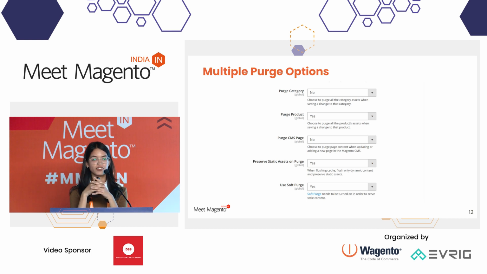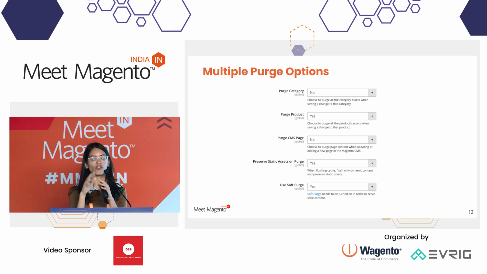With soft purge, we have multiple other purge options in Fastly, which we can manage from our admin itself. We all must have faced issues while working on Magento, where you have updated something in the category and it is not visible on the front end, and you have to purge the whole cache and come back to check, right? For such cases, Fastly provides individual purge options for multiple entities. Like you can see here, there are purge category, purge product, and purge CMS pages options.